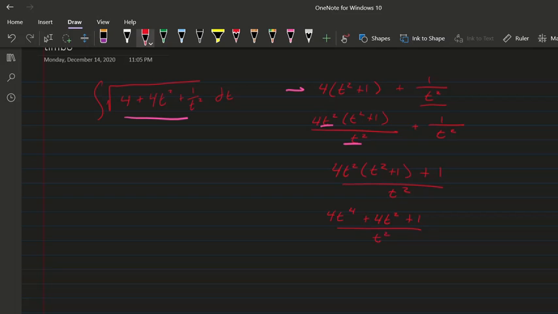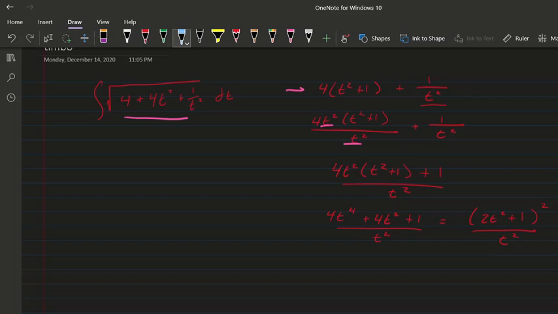And as a matter of fact, the whole numerator factors very nicely. So this becomes 2t squared plus 1, check this out, squared over t squared.